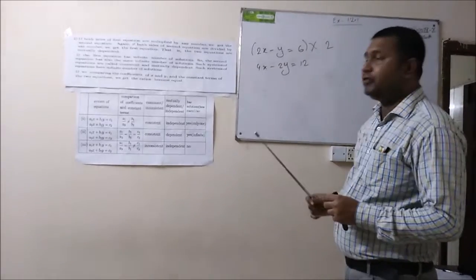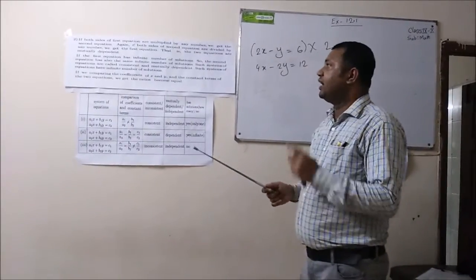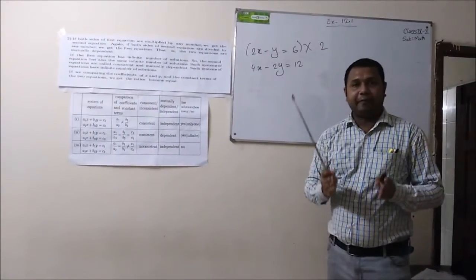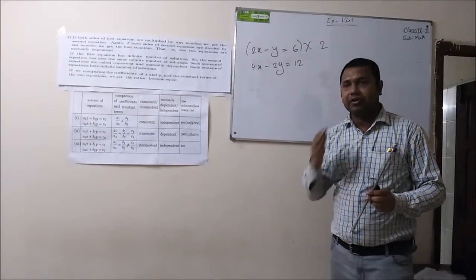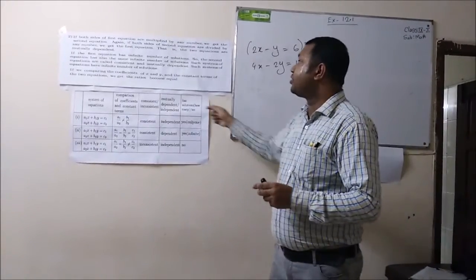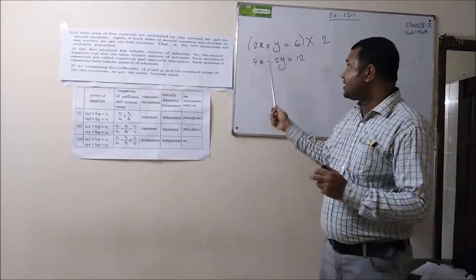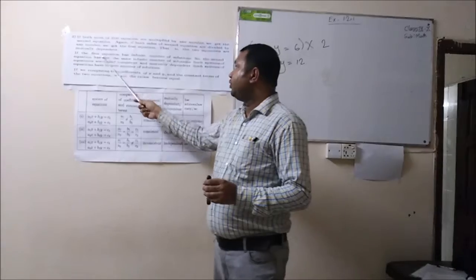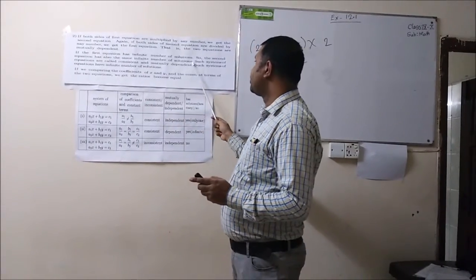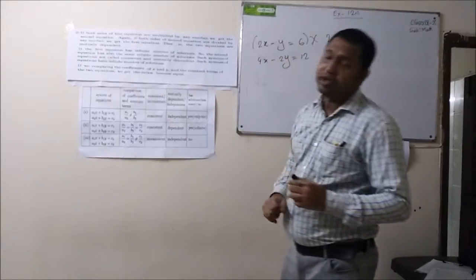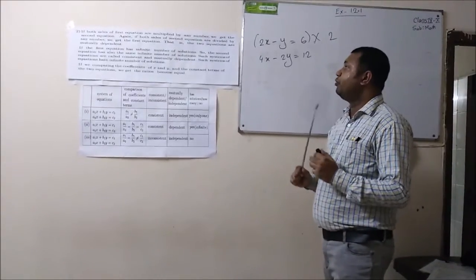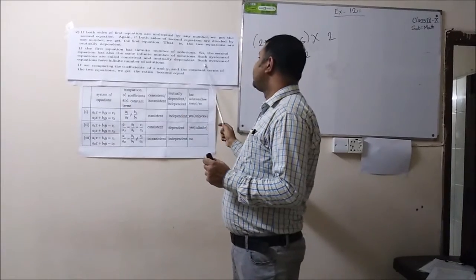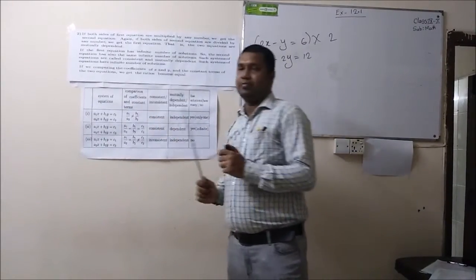So either way, by multiplying or dividing, you get the other equation, and you say these two equations are mutually dependent. If the first equation has infinitely many solutions, the second equation also has infinitely many solutions. Such a system of equations is called consistent and mutually dependent, and it has infinitely many solutions.